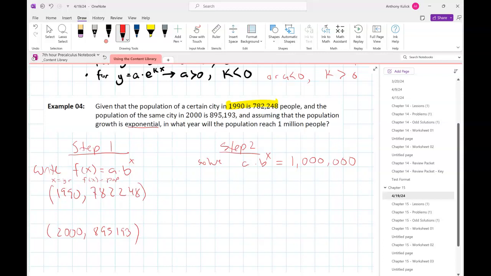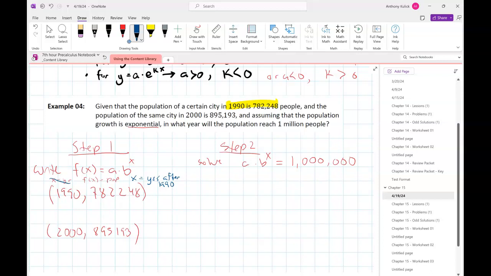Wouldn't I much rather have the x coordinate 0? So here's what I'm going to do. Instead of defining x as the year, I'm going to say x is the years after 1990.